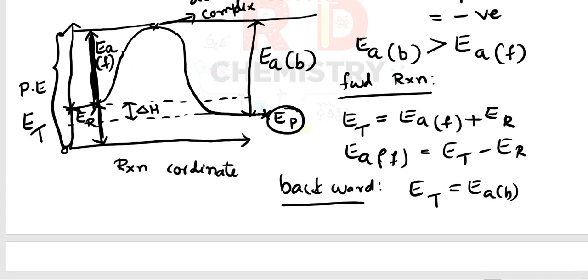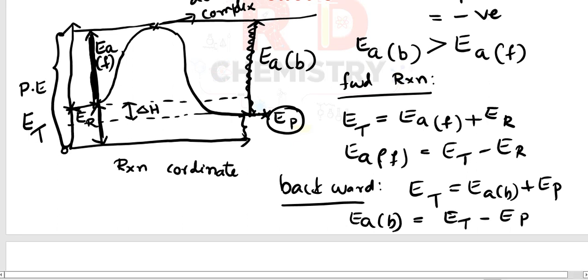Can you see here? This length, and I can add this extra length. This is the energy of the product, correct? Therefore, I can write down the activation energy in the backward reaction is equal to the threshold energy minus the energy of the product.